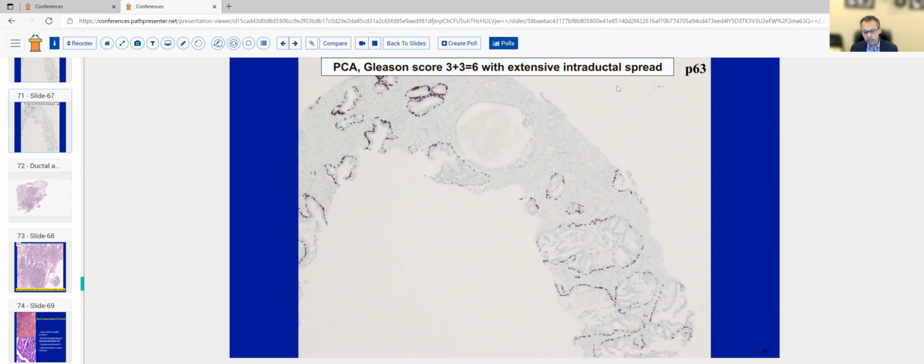So this is clearly one of the controversial hot topics in prostate pathology currently. The two societies, GUPS and ISUP, are at odds. GUPS does not recommend grading the intraductal carcinoma component, while ISUP recommends grading intraductal carcinoma when it is associated with invasive prostate cancer.